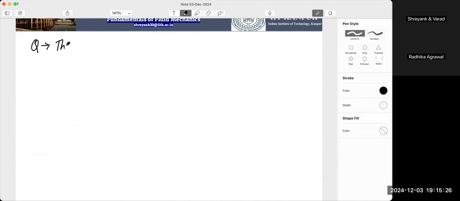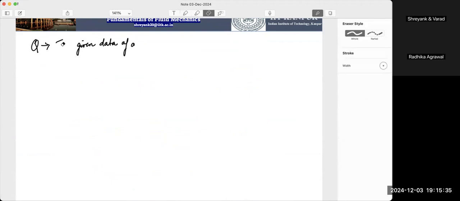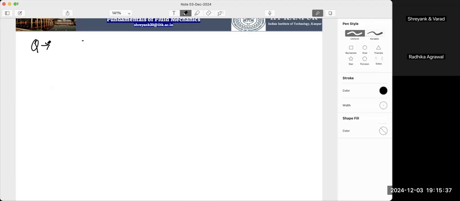the data is given like that. GATE 2011: use the following data to answer these questions.